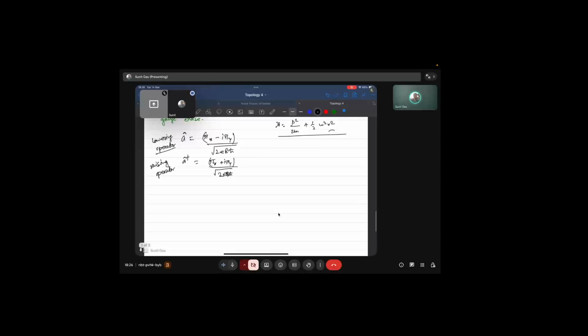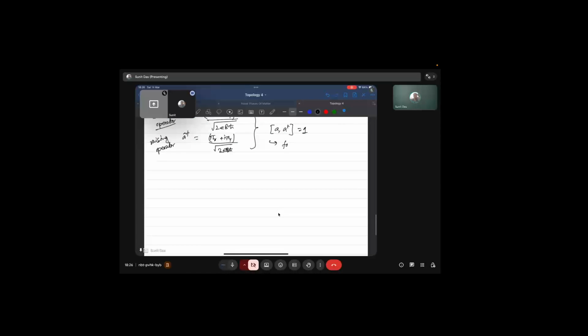Now, if you do the commutation relation of A and A dagger, this will be 1, just like the harmonic oscillator case. Okay. So this means that these two operators A and A dagger follow bosonic algebra. For a fermionic system, we will have A and A dagger anti-commutation to be unity, right? But for bosonic, this is the commutation relation.